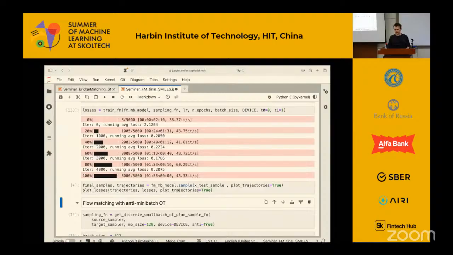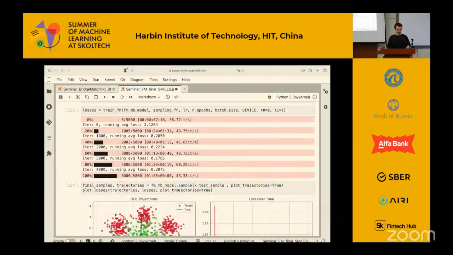So is this mini-batch flow matching related to Kantorovich optimal transport, where we transport a distribution to a distribution? There are two formulations of optimal transport, one of which considers only continuous measures, I don't remember which one, Monge or Kantorovich, and the other can also consider a mixture of deltas.